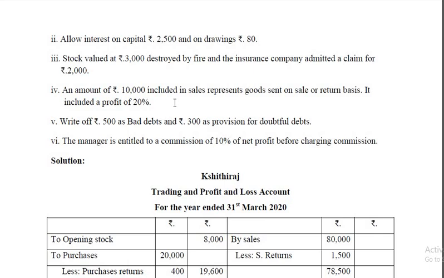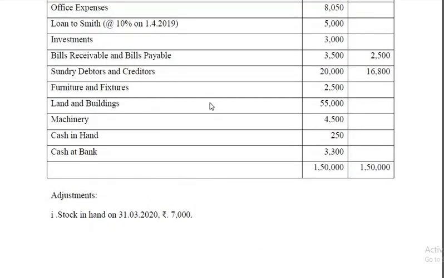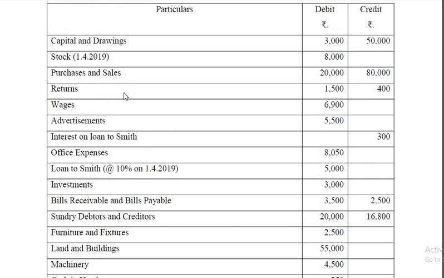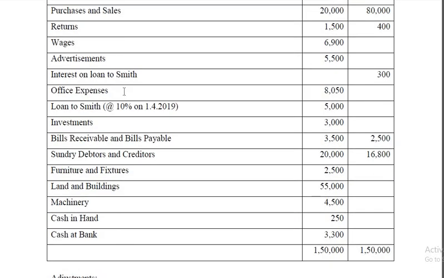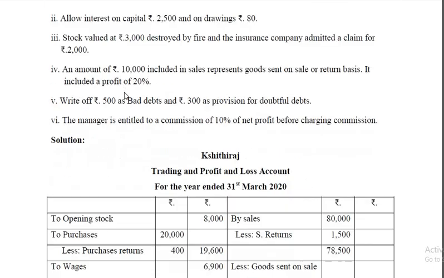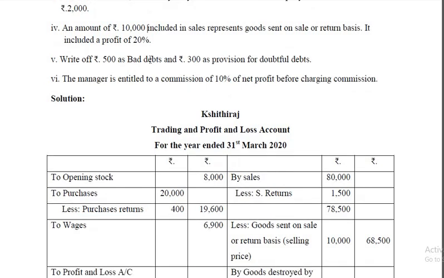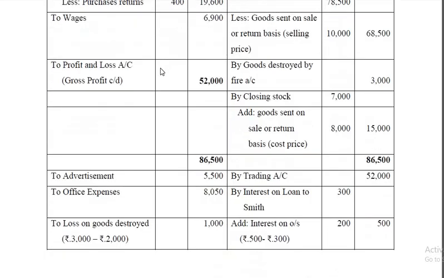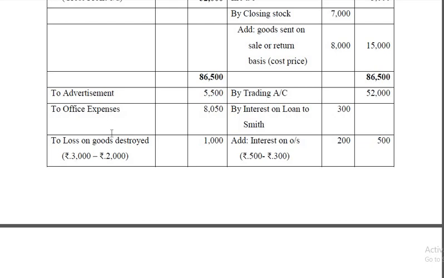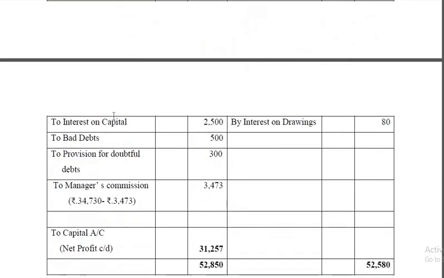Write off rupees 500 as bad debts. So you have to find out whether bad debts are there in the trial balance. Okay, if no bad debts are there in the trial balance, it should be treated twice. Sorry, it should be debited to profit and loss account.